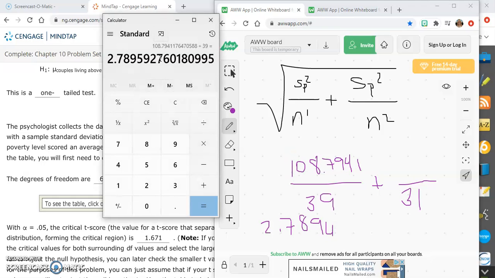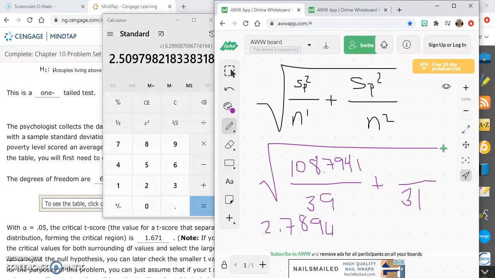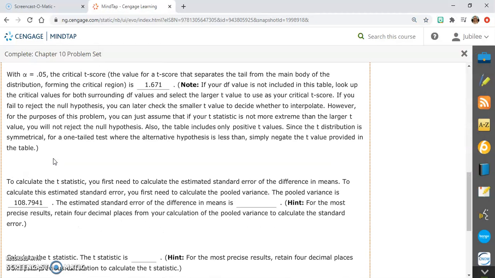Now I'm going to take the same number divided by 31, and I get this number, and I'm going to add 2.7896, and I get this number, and the last step is to get the square root. I didn't write the square root over it, but it's an important step. Okay, so my standard error, it looks like 2.509. There it is.